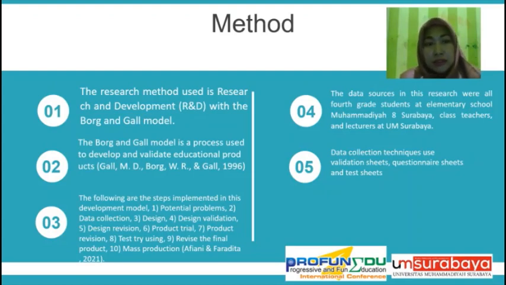Method. The research method used is research and development with the Borg and Gall model. The Borg and Gall model is a process used to develop and validate educational product. The following are the steps implemented in this development model.